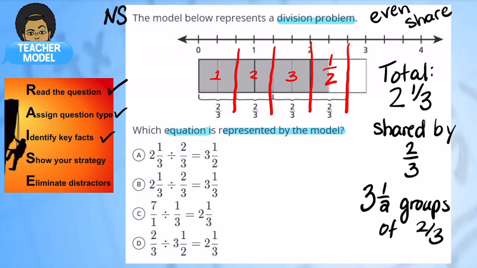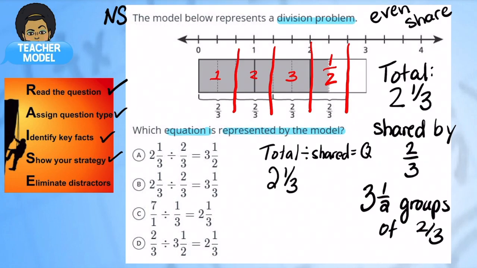So what is going to be our strategy? My strategy, we're going to write this out as a division problem, which means I need my total, how it's being shared, and this is my quotient, my answer part. Okay, so I already know that my total, ultimately I have 2 1/3.